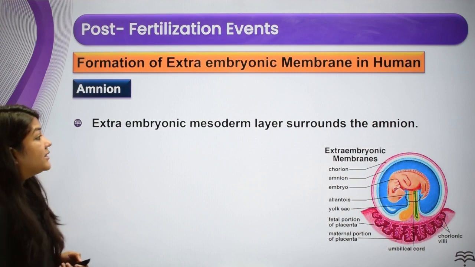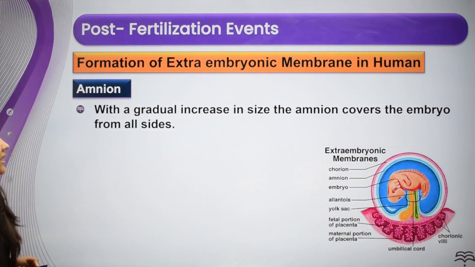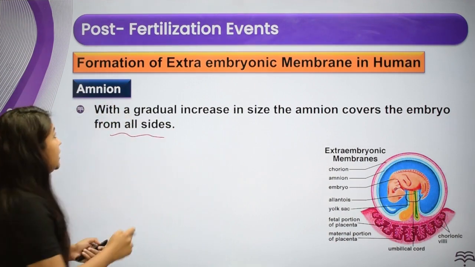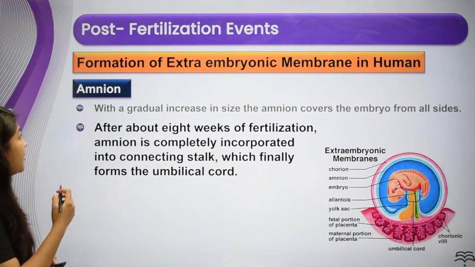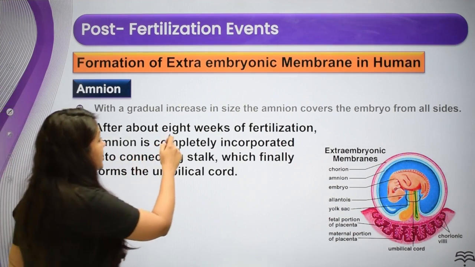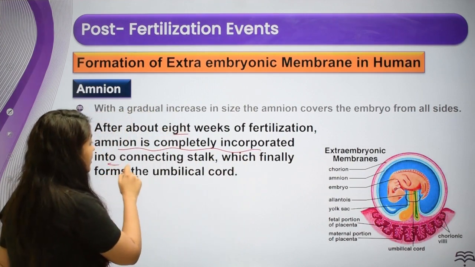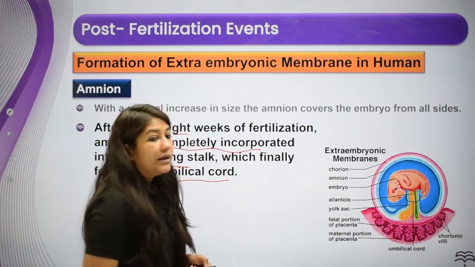Extra-embryonic mesoderm layer surrounds the amnion. Now, with a gradual increase in the size, the amnion covers the embryo from all the sides, right? Mainly क्या चीज़ याद रखनी है? Mainly you have to remember the names of the extra embryonic membranes. After about 8 weeks of fertilization, amnion is completely incorporated into the connecting stalk, which finally forms the umbilical cord.